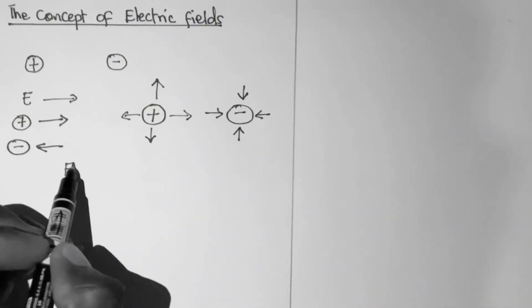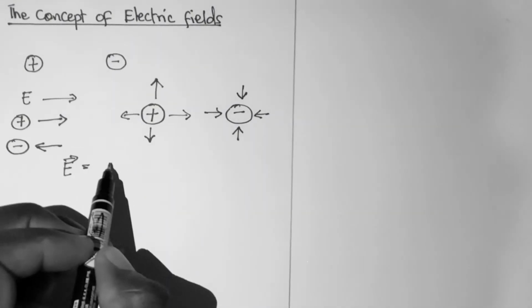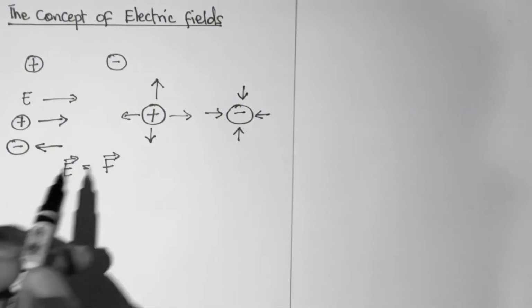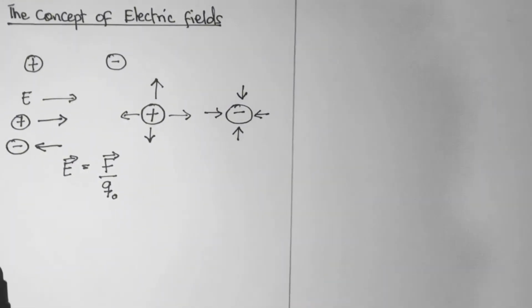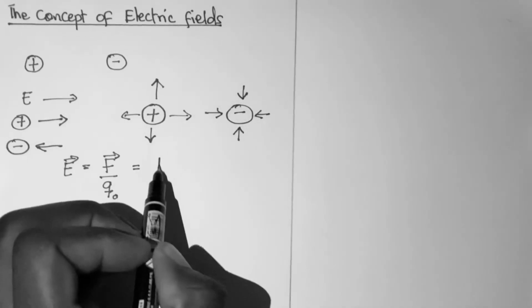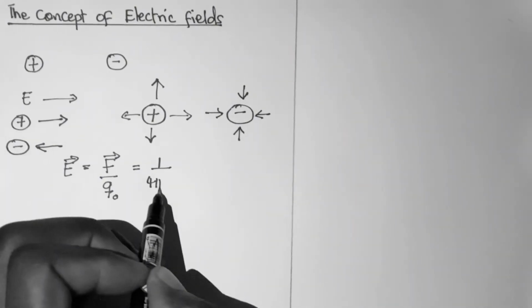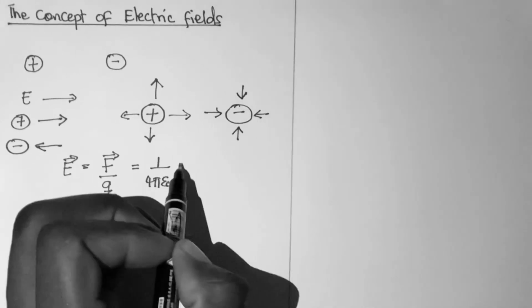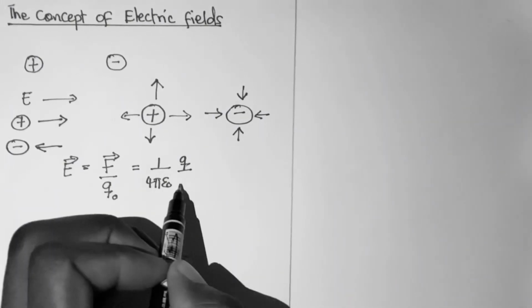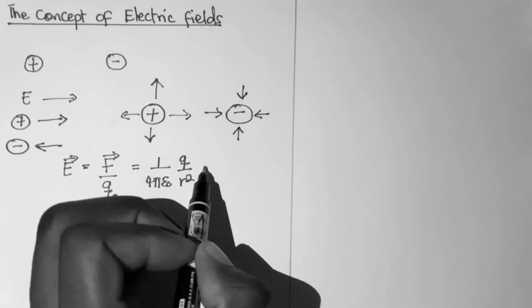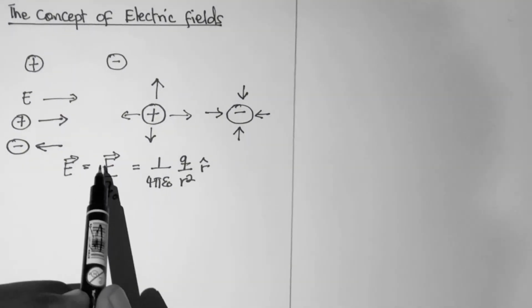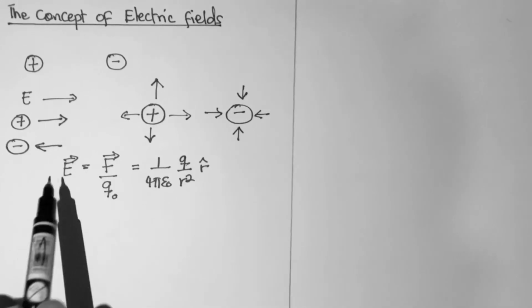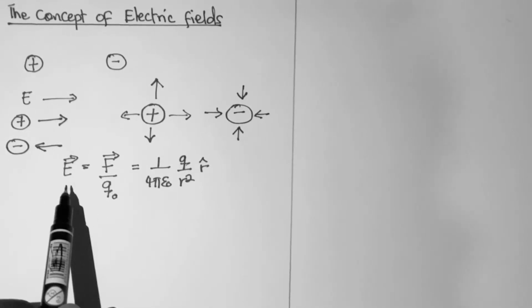Mathematically, the electric field is the electric force divided by the test charge. Also, this is equal to 1 over 4 pi epsilon naught, times the charge divided by the square of the radius, times the unit vector. So the electric force is a vector, and the electric field is also a vector.